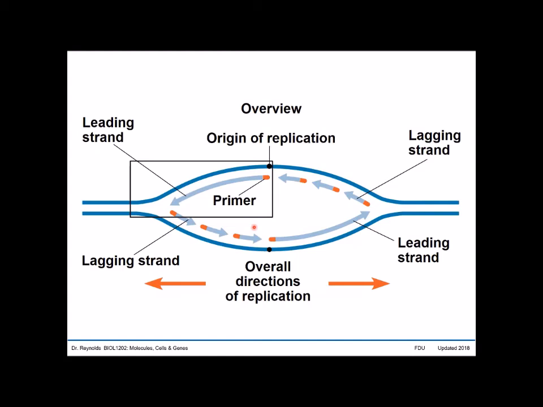In this class, you only need to draw a single replication fork. So only ever do one replication fork at a time, but it's important that you know that this is only one half of a bubble, and that at the other side is going to be an opposite replication fork moving in the opposite direction.